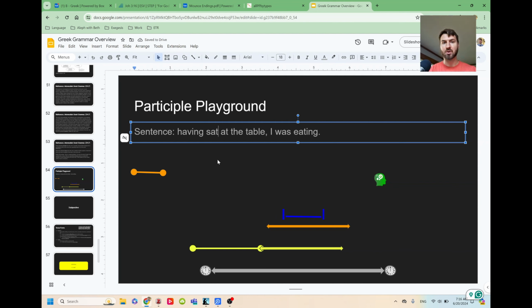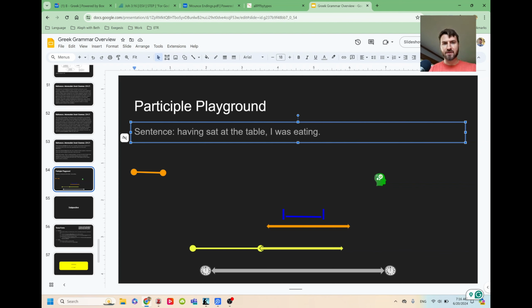So what I'm focused on is I sat down, and now I'm in this state of sitting, and that is when I was eating. So focused on the ongoing state of the completed action. The completed action being I sat, and then the ongoingness being in that state of sitting is when I'm going to talk about I was eating and then continue with the story.